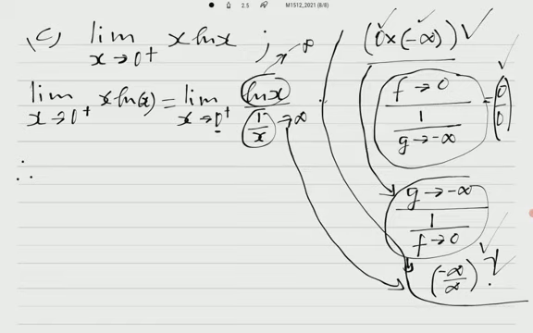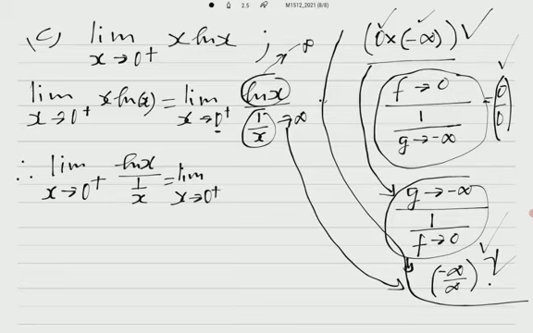So now we can say the limit as x goes to 0 from the right of ln of x over 1 over x will be equal to the limit as x goes to 0 from the right of the derivative of the numerator divided by the derivative of the denominator, which is equal to what?